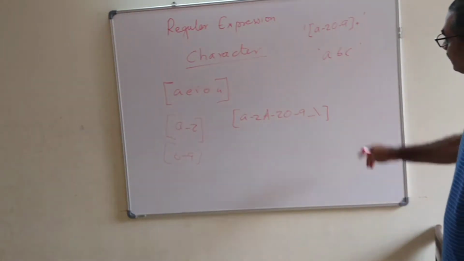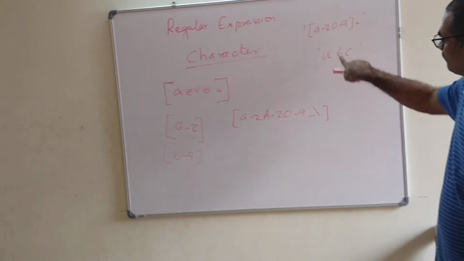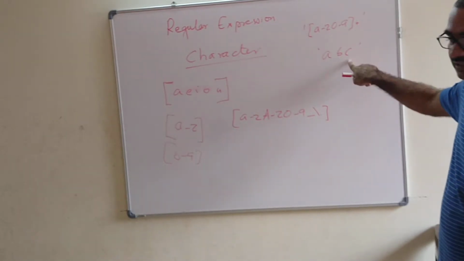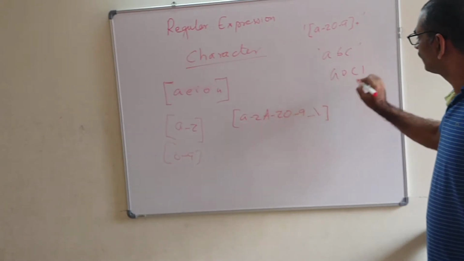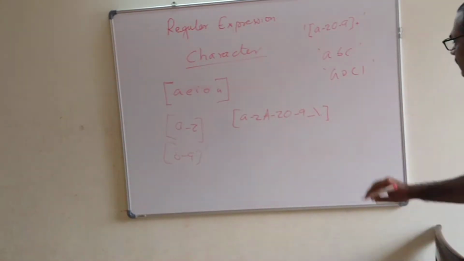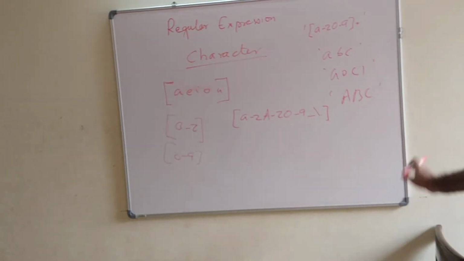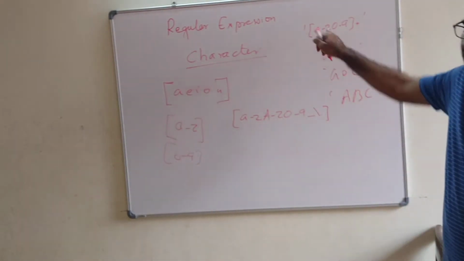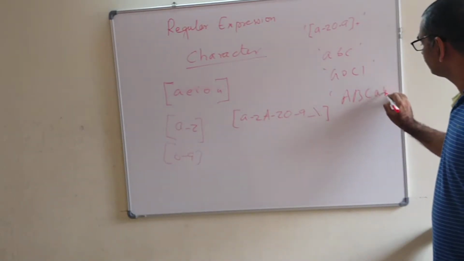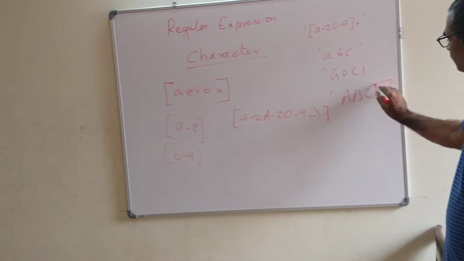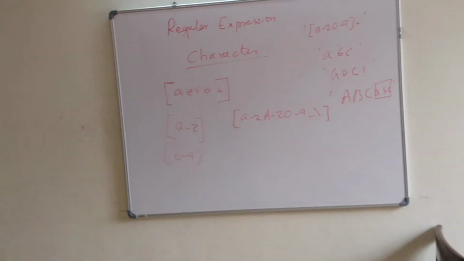How will it match? It will say okay, A is present first, one or more. B is present, yes. C is present, yes. A0, C1, yes. If you write capital A, B, C, nothing matches, because the pattern says small letters. But if you see ABC and then ABC, this will return it as a match. Got it?